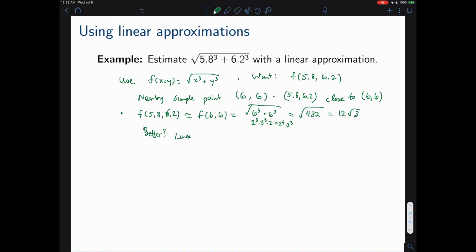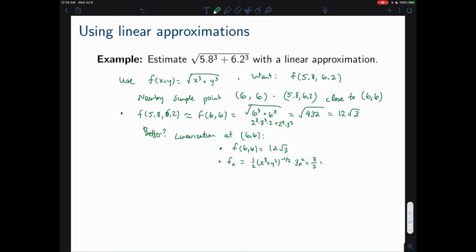Let's use the linear approximation, or the linearization, at the point 6, 6. Then I've got to figure out some derivatives. We already figured out that f of 6, 6 is 12 square root of 3. And then the x derivative is 1/2 (x cubed plus y cubed) to the minus half times 3x squared.